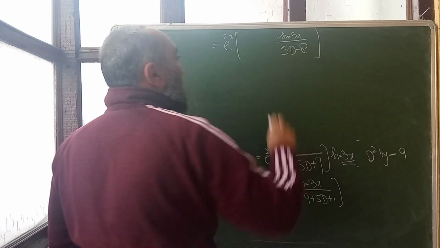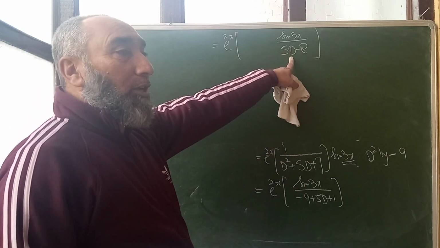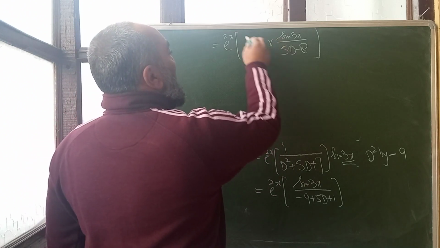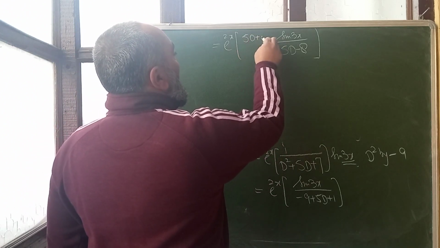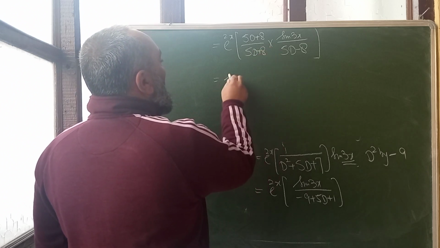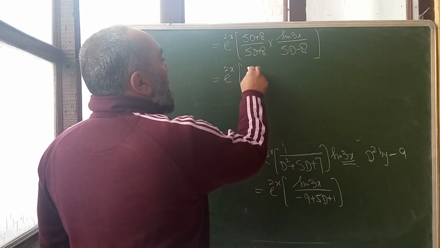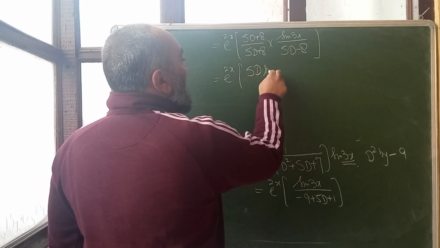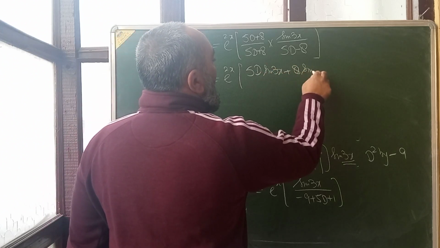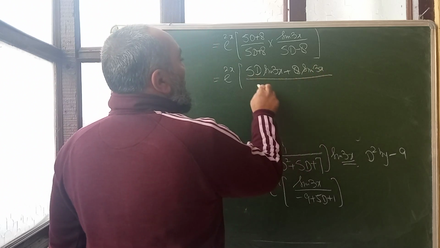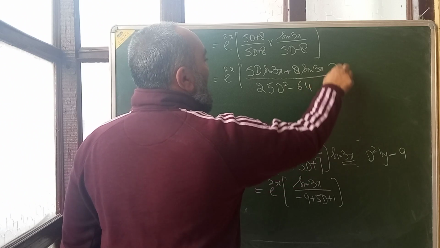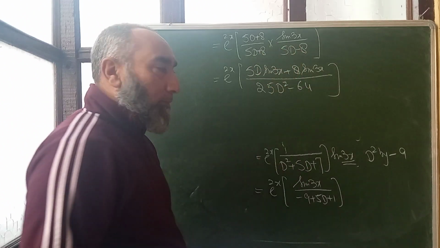What you have to do is rationalize it in order to get D square. So let me write 5D plus 2 in numerator and denominator. This is e raised power 2x, 5 times differentiation of sin 3x plus 2 sin 3x, over 25D square minus 4, using a plus b into a minus b.